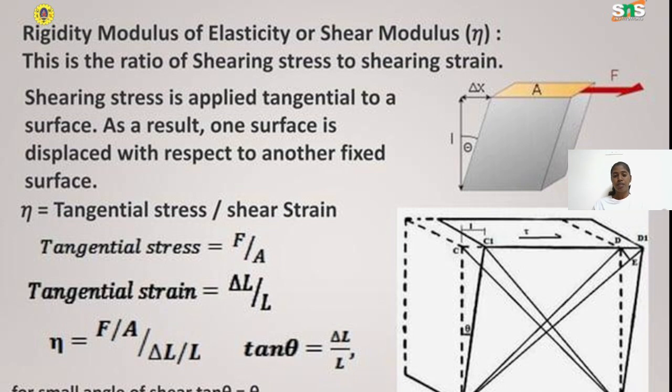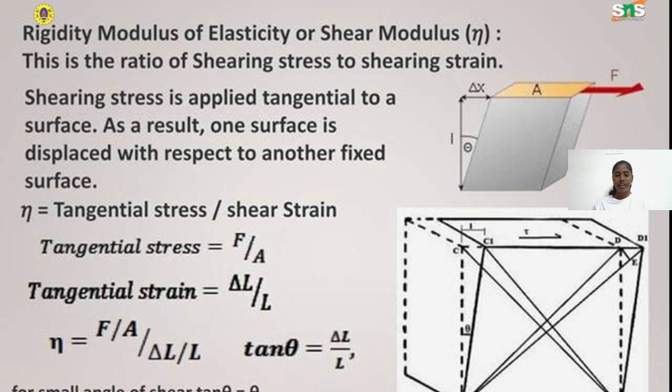The material surface moves with respect to the fixed surface, displacing from x to x plus del x. This displacement del x is the strain of the material.